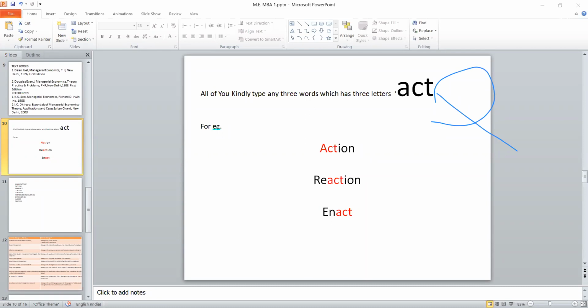Transaction. Super. Nice word. Action. Already I have given. Actuation. You can write whichever word you know. Very good. Come on. You can.